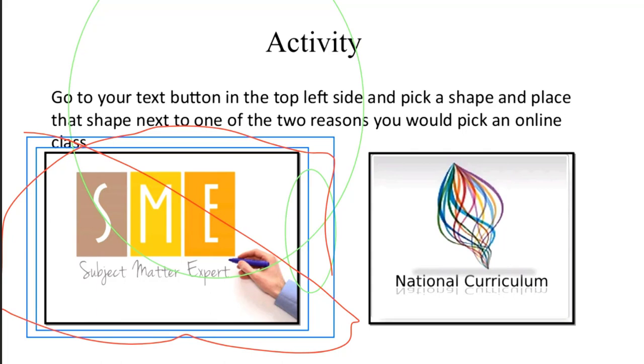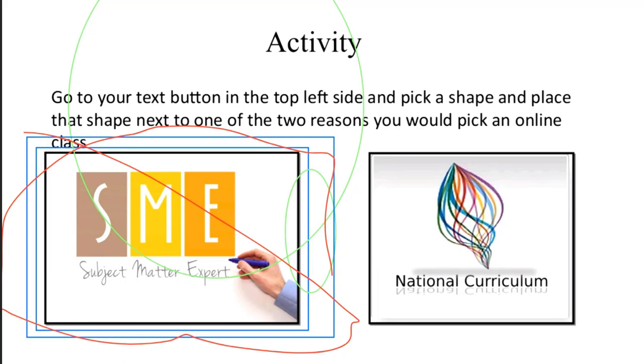Would anybody pick both of them? Look for the subject matter expert and the national curriculum together. Rebecca, why? I think I would choose that because I would want not just a subject matter expert, but also a curriculum that's been vetted by other professionals in the field, something that has stood up when people have assessed it for meaningful outcomes.